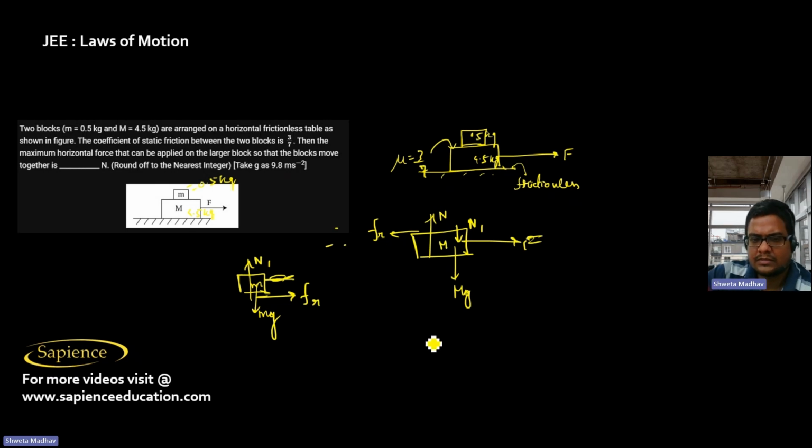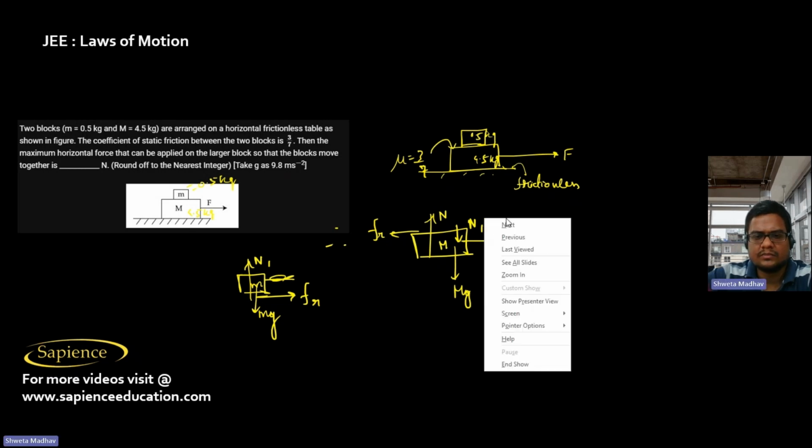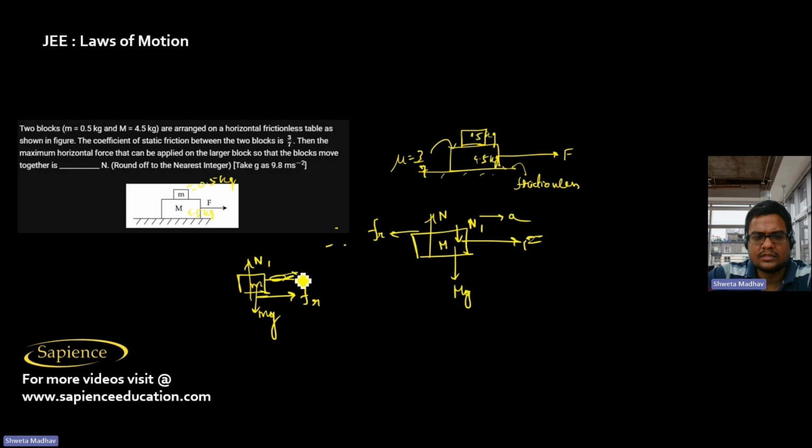Now we can say that the blocks move together, is told. So this is moving with acceleration a, and this is also moving with acceleration a. So then we can say F minus Fr is equal to Ma, and F is equal to m plus M into a, so the acceleration will be F by (m plus M).